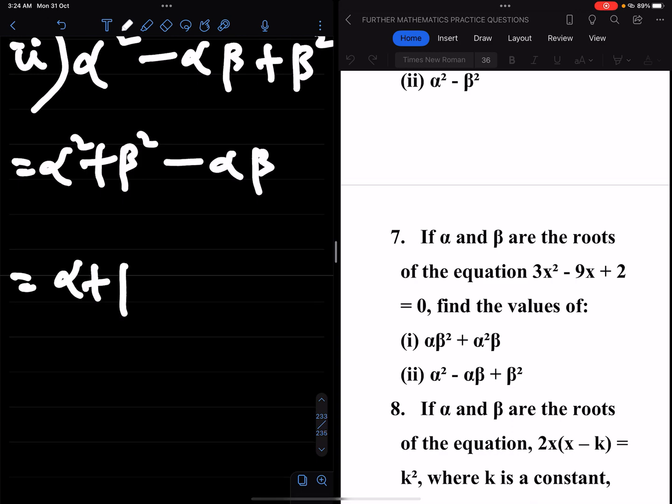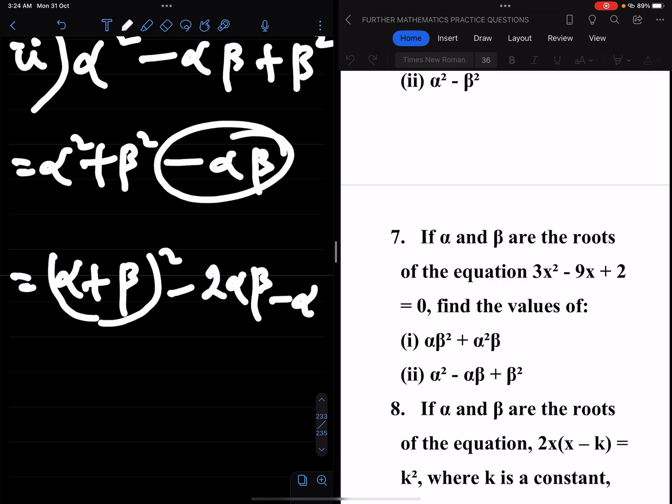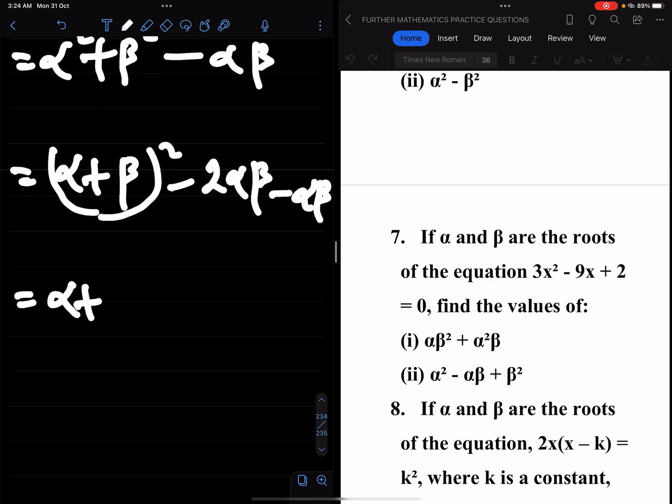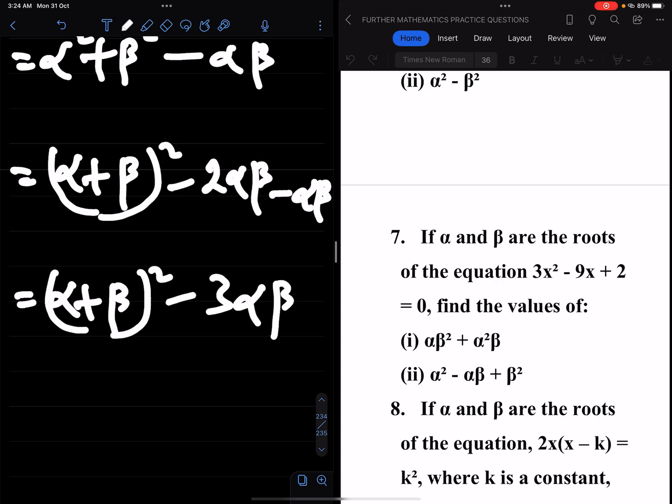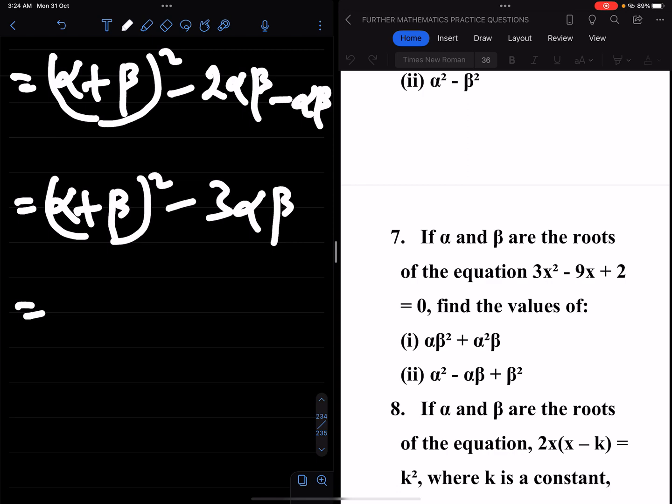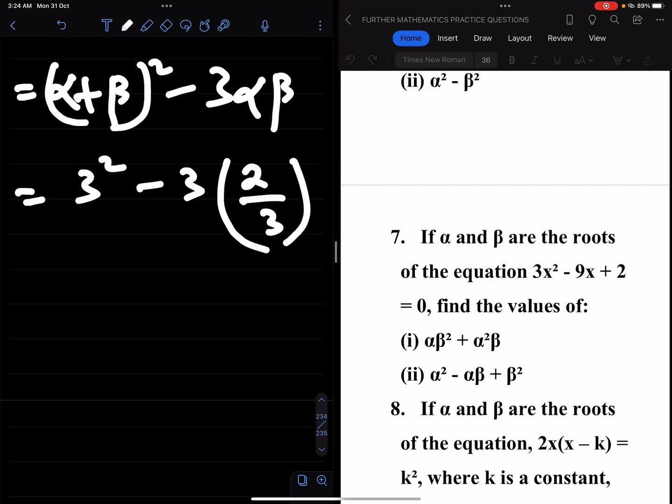And I know that alpha squared plus beta squared is the same as alpha plus beta all squared minus 2 alpha beta, and then minus this alpha beta. So that simply means alpha plus beta all squared minus 3 alpha beta, which is the same as alpha plus beta is 3, that's 3 squared minus 3 times alpha beta, which is 2 over 3, and that's the same as 9 minus 2, which is 7.